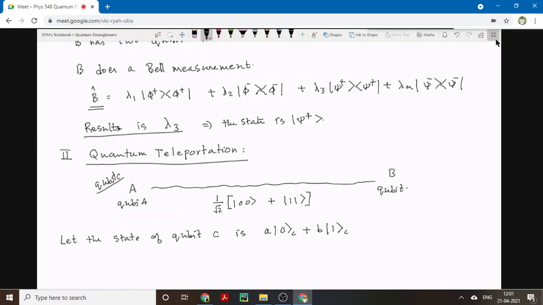And interestingly, this is unknown to A. A also does not know what the state of C is.